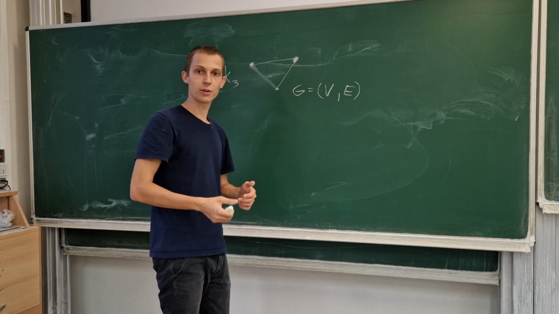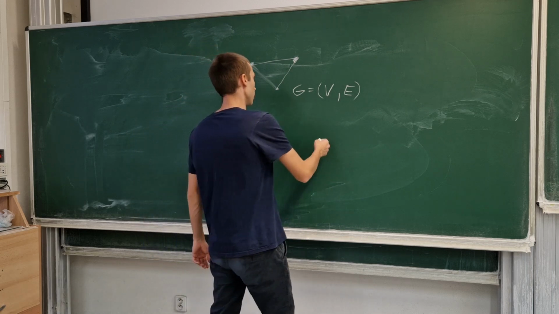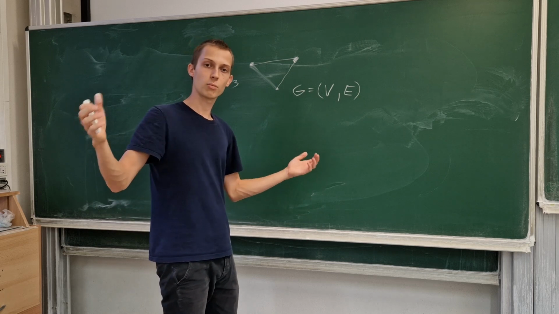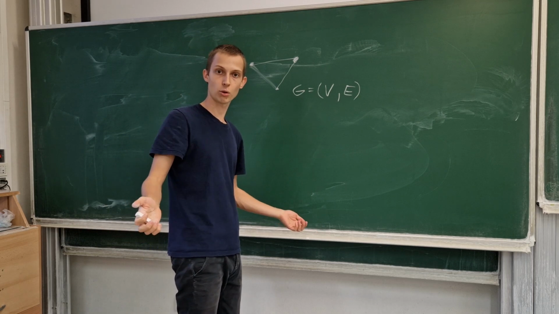The V and E are the number of vertices and number of edges in that graph. I mean, it's not necessarily the number, it's rather the set. If I want to talk about the number of vertices and number of edges to be more concrete, I will talk about the magnitude of these sets.